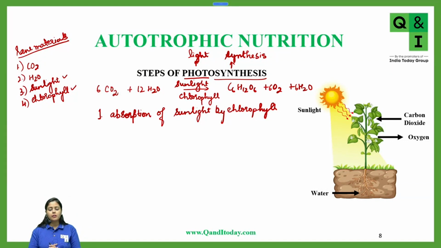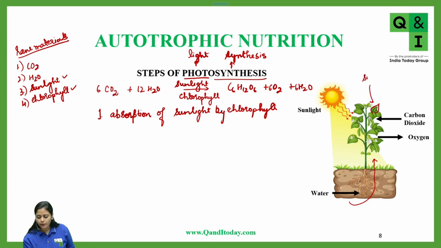Now, using this energy of sunlight, one more thing. Water is being taken up by the plants from the roots. So water has also reached the leaves where chlorophyll is already present and absorbing sunlight. Here you can see this is the leaf.